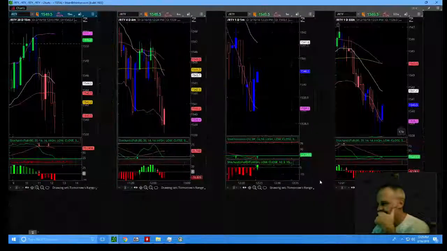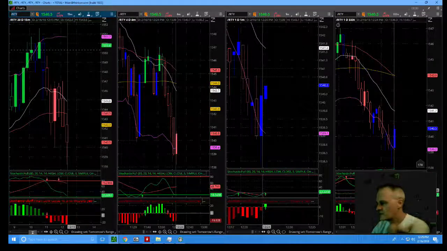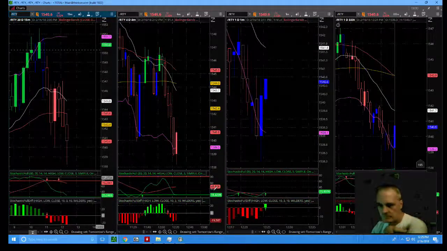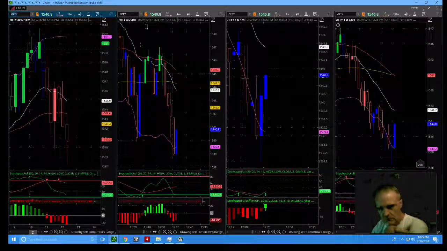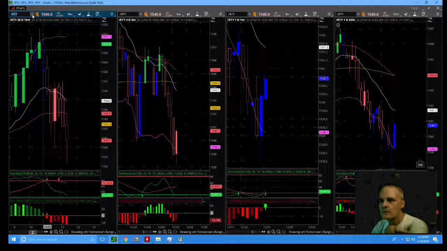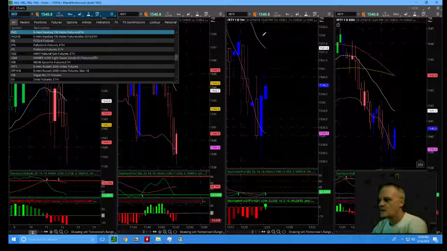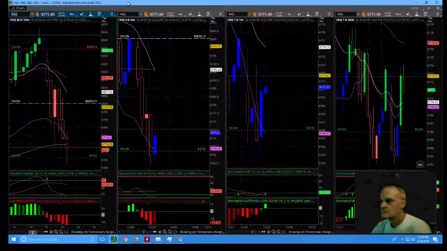And it is showing its own potential retracement. Compared to the NASDAQ, you know what we just saw there?